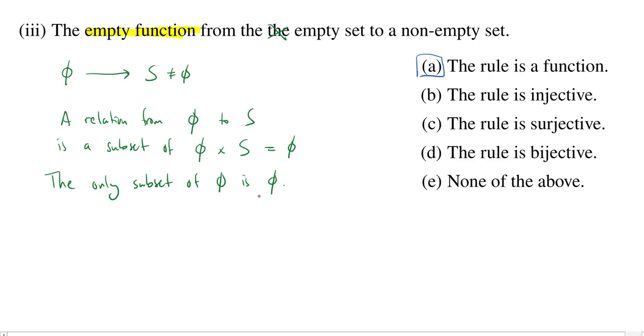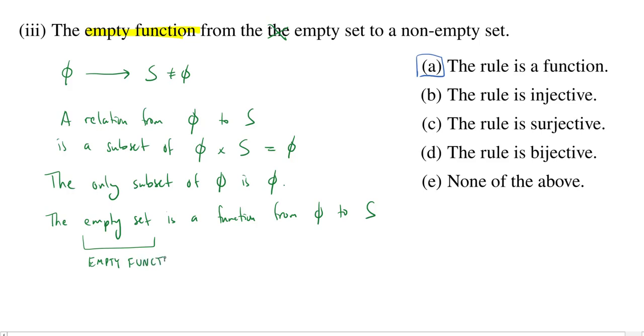So in fact, the empty set is a function from the empty set to S, and that's what we call the empty function. Of course it is just the empty set, because we can view all functions as sets.